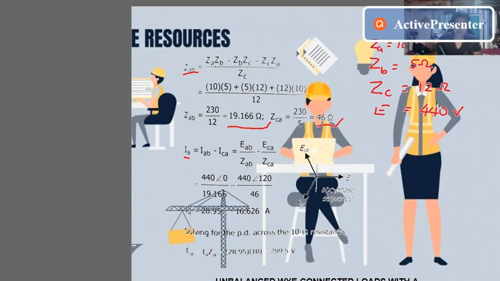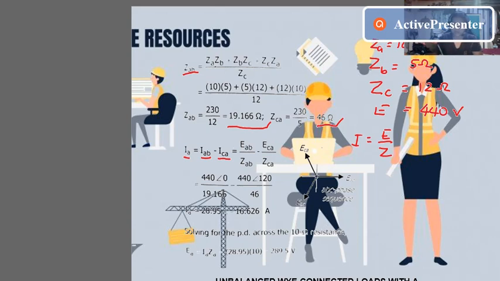So we have IA is equal to IAB minus ICA. For IAB, I is equal to E over Z, since we have the given voltage and our impedance.